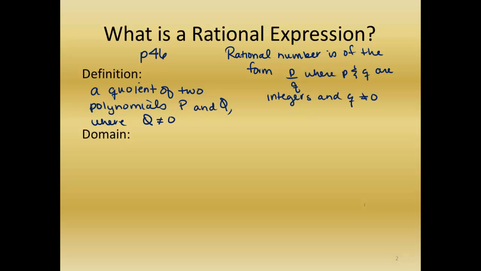Okay, that's a rational expression. So very similar. A rational number is of the form little p over little q. We're using those as integers. And I'm using a capital P and a capital Q here to represent polynomials.